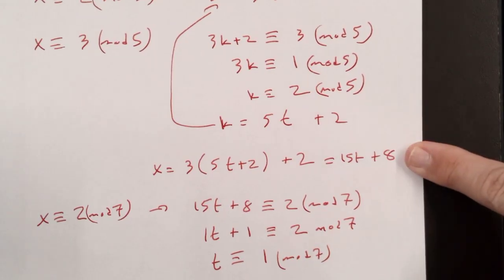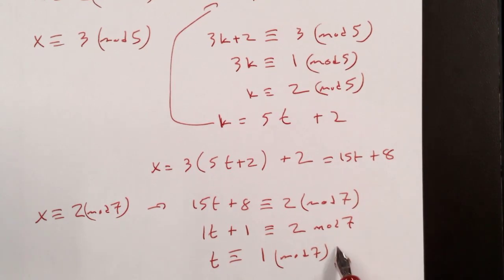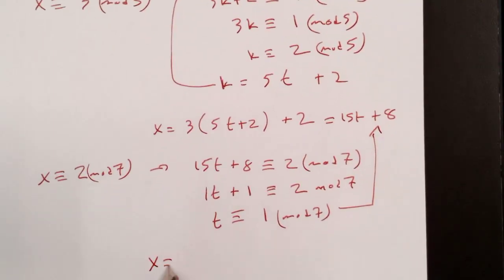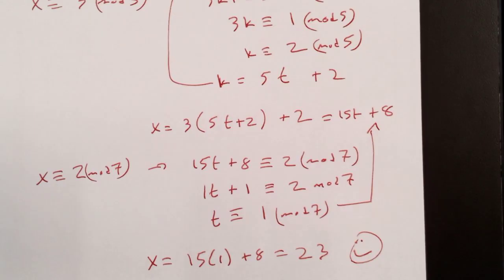What's X? 15 times 1 plus 8. 23. By the way, we were working mod 3, then we were working mod 5, then we were working mod 7. So this result is mod 3 times 5 times 7, 105. Bing!